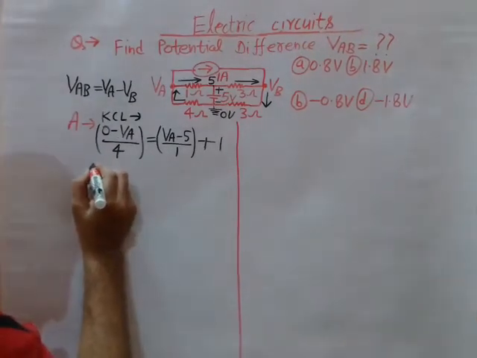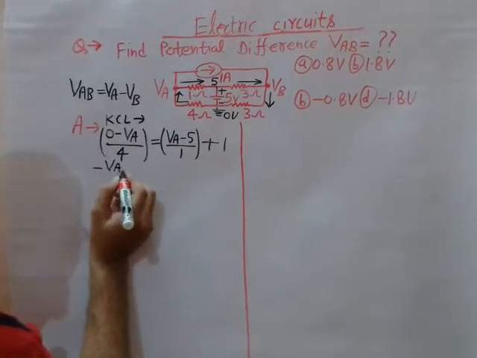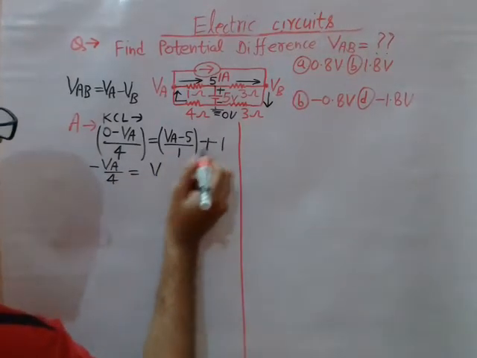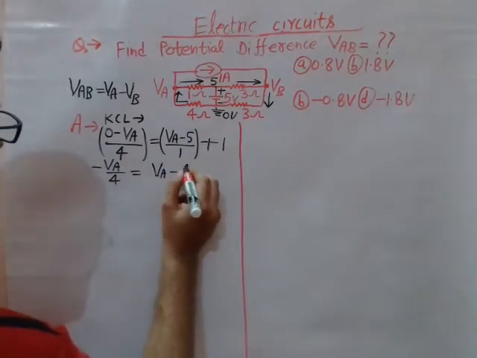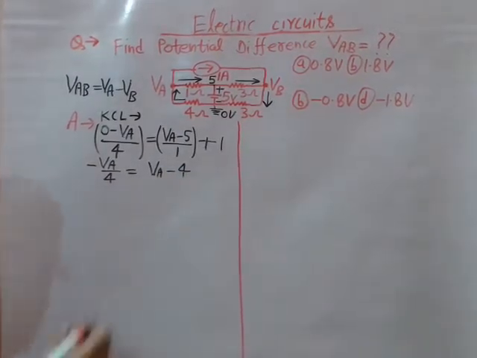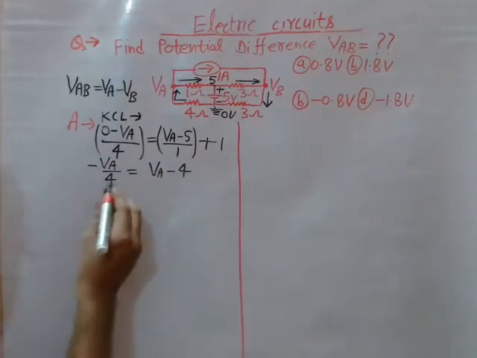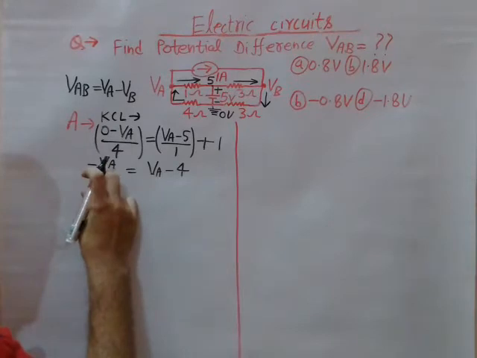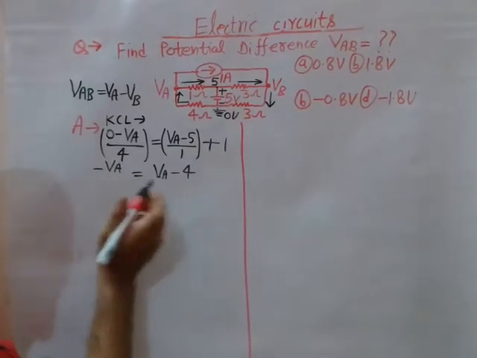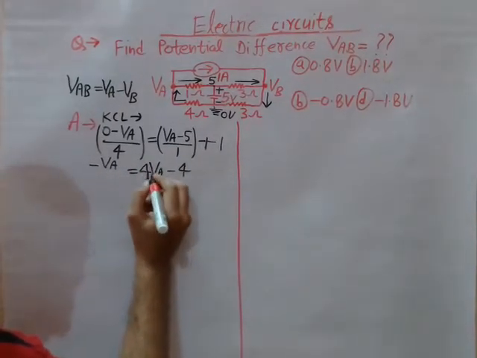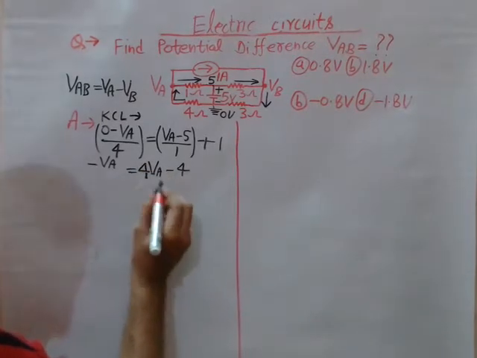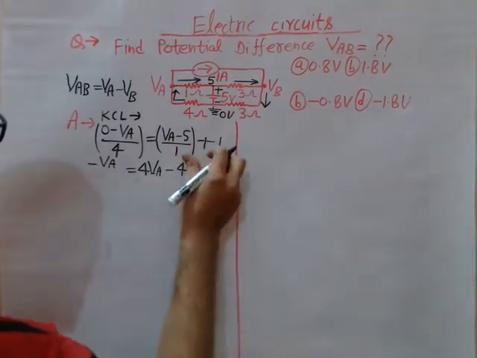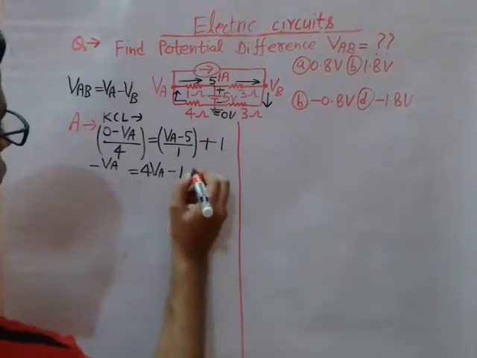Now you simplify this. Here you will write VA by 4 is equal to VA minus 5 plus 1, that means VA minus 4. Or you can write minus VA is equal to 4VA minus 16.